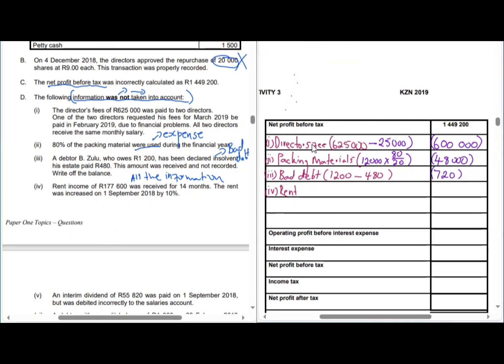As what? Rent income. And then the opening amount from the trial balance, it's how much? 177,600. And then it will be followed by what? By the transaction.